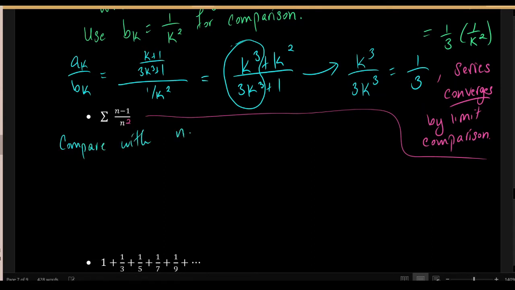Take the leading terms, n on the top, n squared on the bottom, 1 over n. Let's use this harmonic series for comparison with our series. Note, 1 over n diverges by the p-series test.